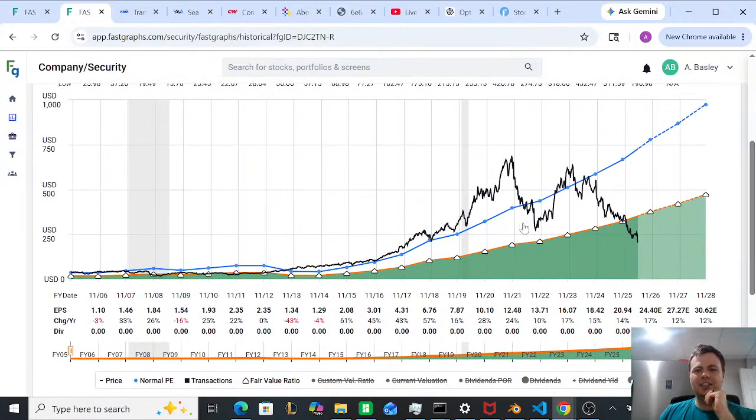Look at how high the price got, and the premium they were putting on. Then in the 2022 bear market it comes back down, gets close to the fair value line, and then rockets back up. Now it's really beat up, really out of favor.